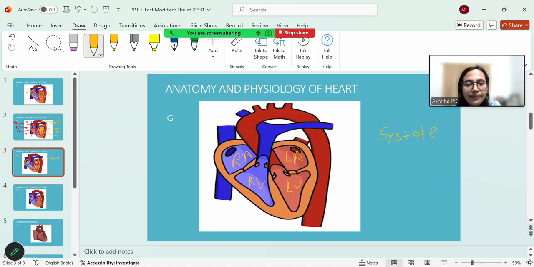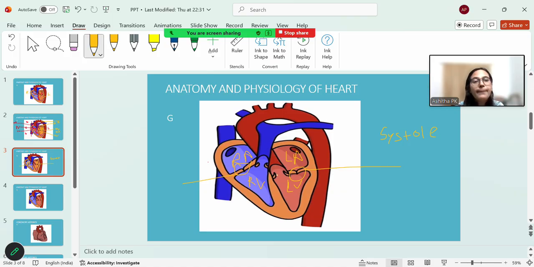At that time, both valves will be closed, that is, the tricuspid valve and mitral valve will be closed. When the ventricle contracts, it pumps blood to the pulmonary artery and to the aorta.